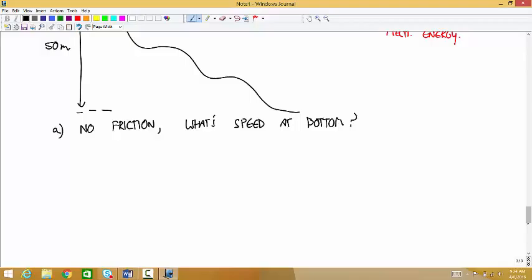Okay, well, first we have to figure out what all the forces are acting, and then we're going to break those forces up into the conservative ones and the non-conservative ones.